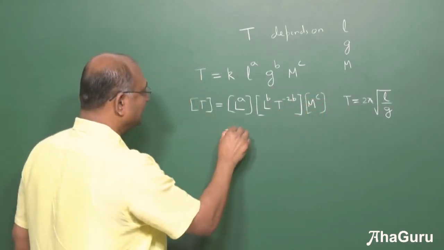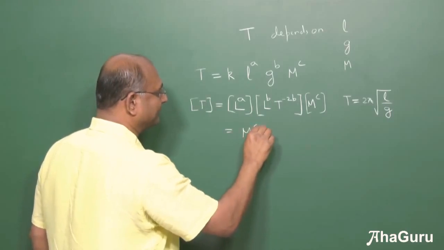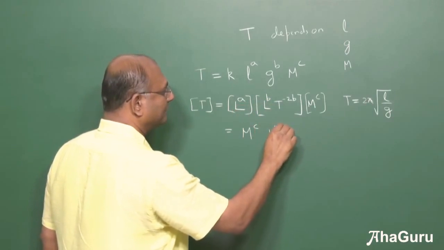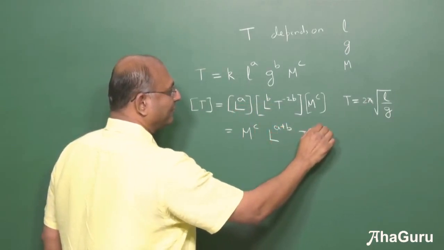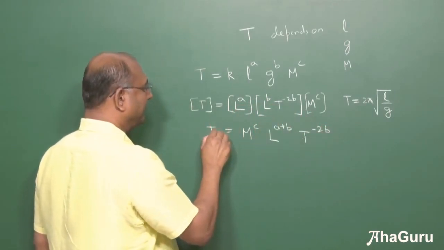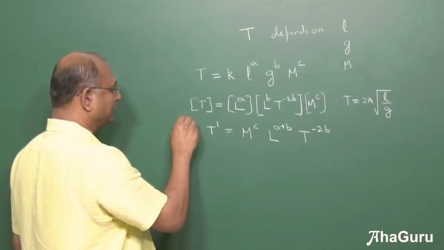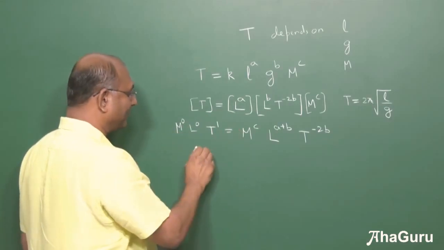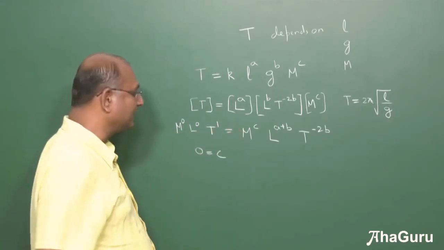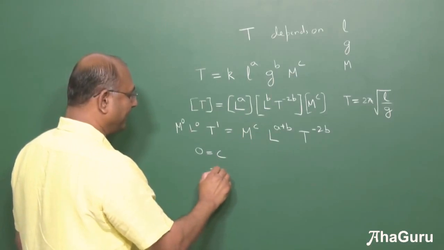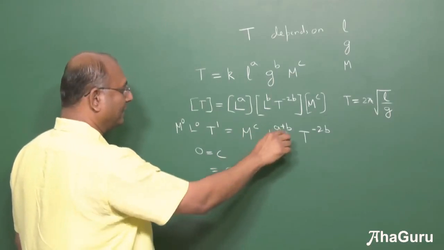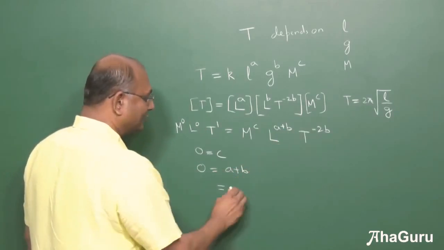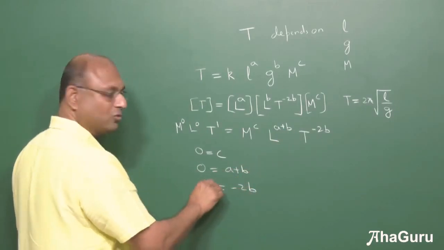Correct? So now if I combine, I can say M to the power of C, L to the power of A plus B, T to the power of minus 2B must be T to the power of 1, and there is of course M power 0, L power 0. So you know that mass must basically correspond to mass. So C must be equal to 0, and then A plus B must be also equal to 0, and minus 2B must be equal to 1.